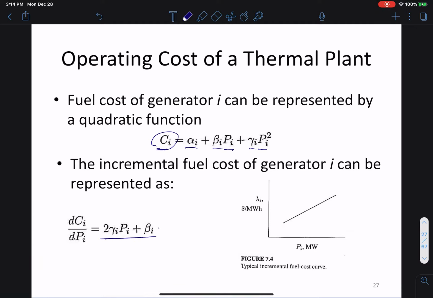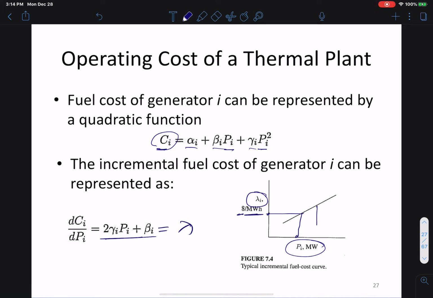This is called the incremental fuel cost. If you draw the incremental fuel cost against the power output, it becomes a linear curve. It's in dollars per megawatt hour. If we want to increase the power output from a power plant by one megawatt hour, how much is it going to cost? That's the incremental fuel cost. Over here, this is the power output and this is the cost.